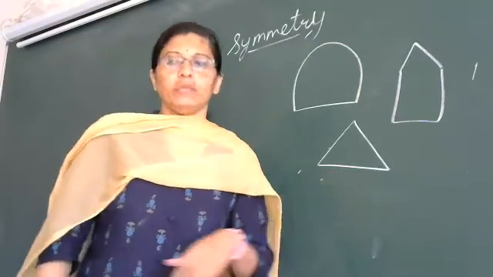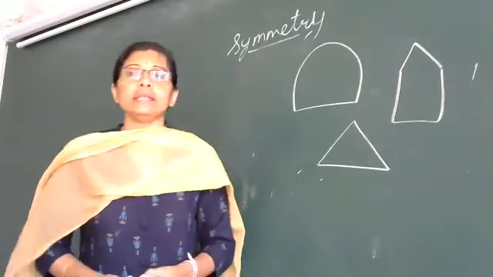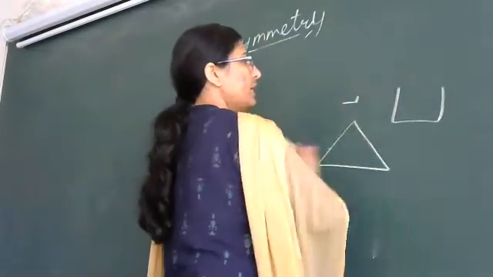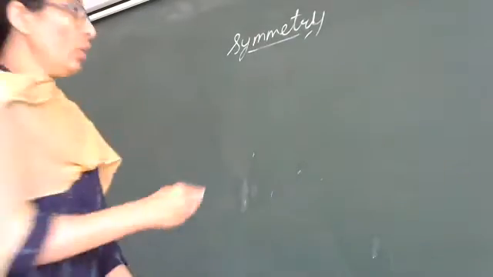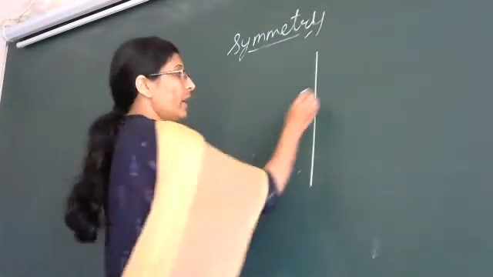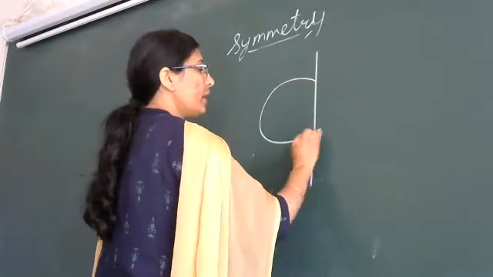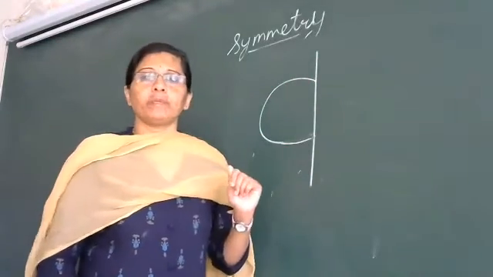Now see, complete the following symmetrical shapes. Down here they have given only one side. This axis is given and one side is given. We have to complete this figure.